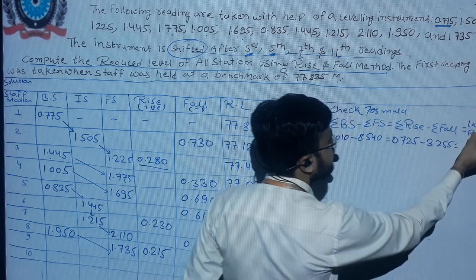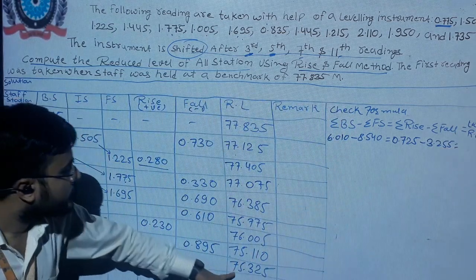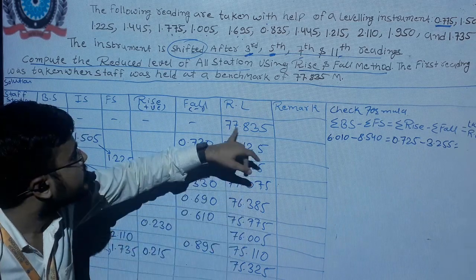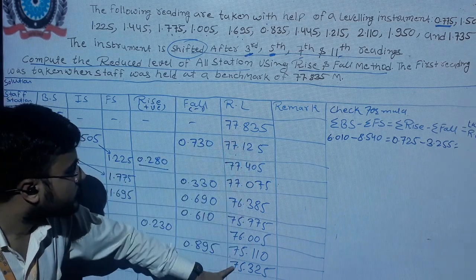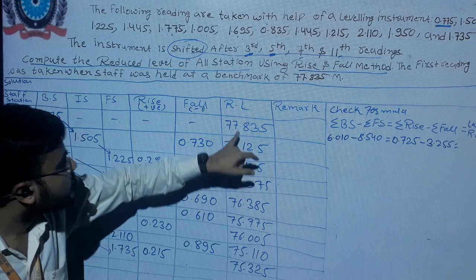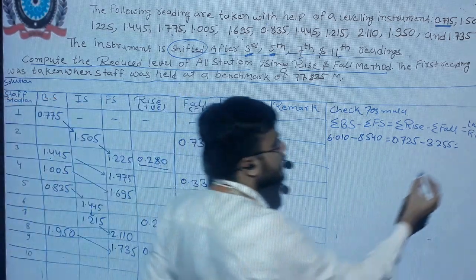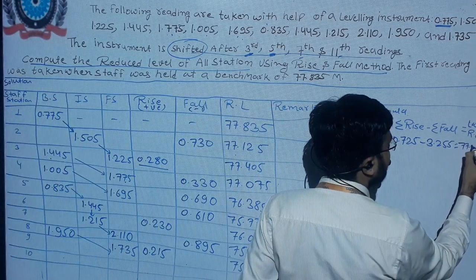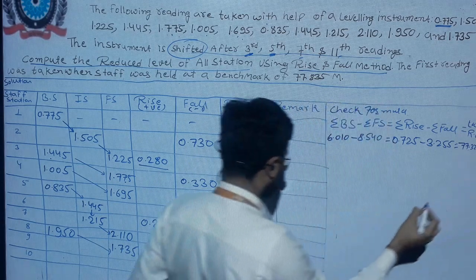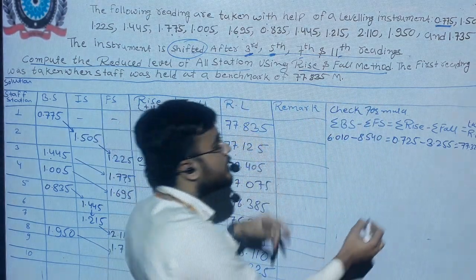This equals the last RL minus the first RL. The difference is the last RL minus the first RL, 75.325 minus 77.835.